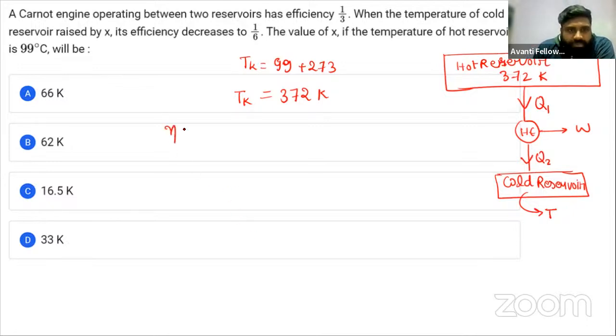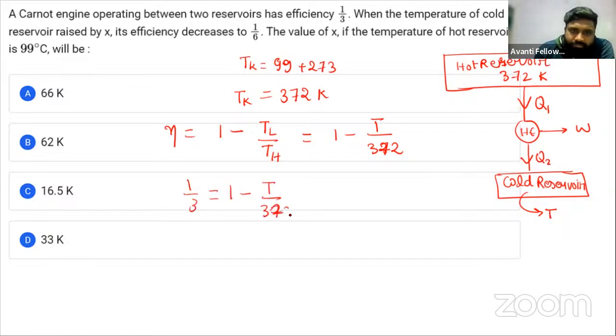Now the efficiency is given by 1 minus the temperature of the lower or cold reservoir upon the temperature of the hot reservoir. It is 1 minus T upon 372. Now η is given to us as 1/3 initially. So 1/3 equals 1 minus T/372. Take this on this side and this one on that side.